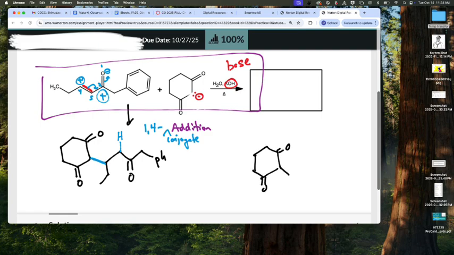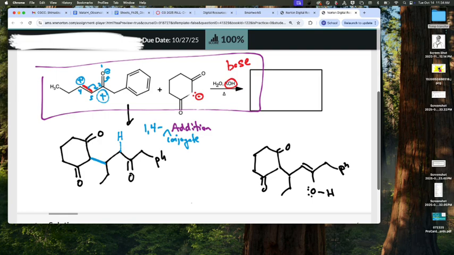What does our initial product look like? When we talk about the 1,4 addition, our nucleophile comes in and attacks what we're labeling as position 4. The extra sigma bond is our hydrogen, which then goes to our oxygen.